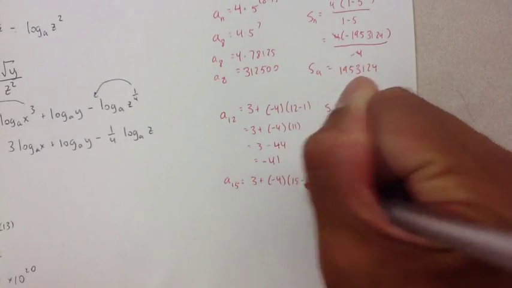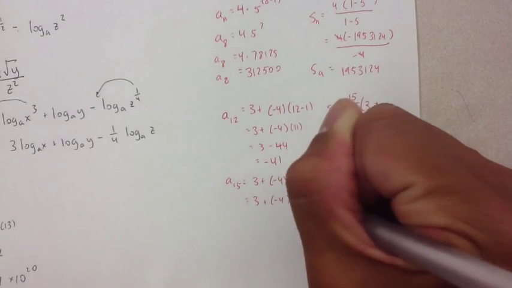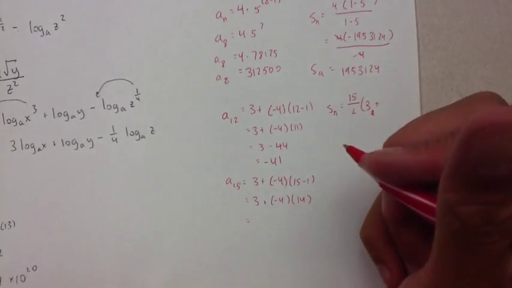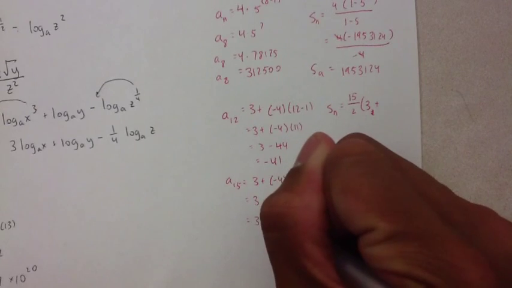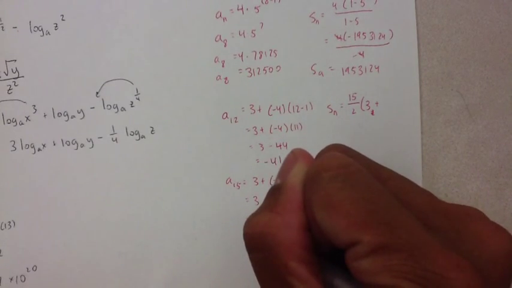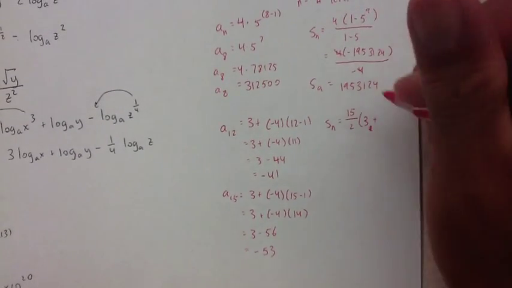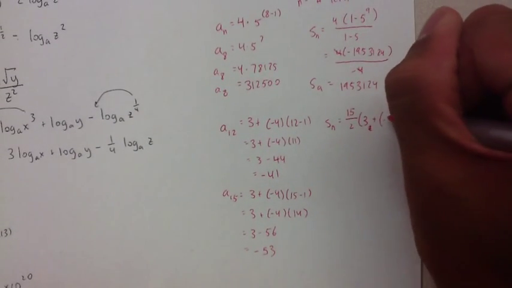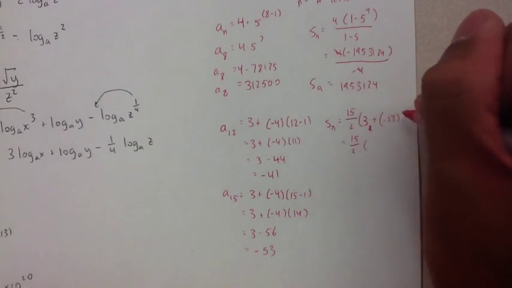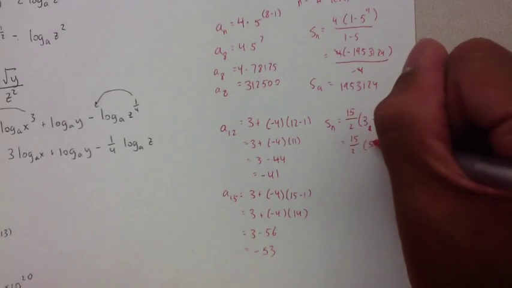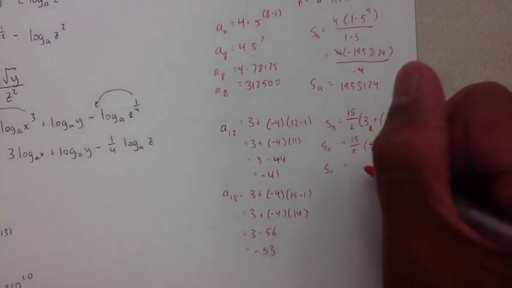So I'll have 15 minus 1, so that's 3 plus negative 4 times 14, which makes negative 56, which will be negative 53 here. So coming back up to this part, I'm going to say it's 15 over 2 times 3 plus a negative 53, or 3 minus 53 is negative 50. Canceling these, I get 15 times negative 25, that's negative 375.